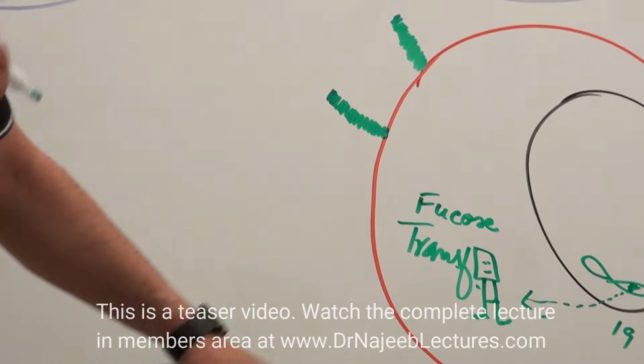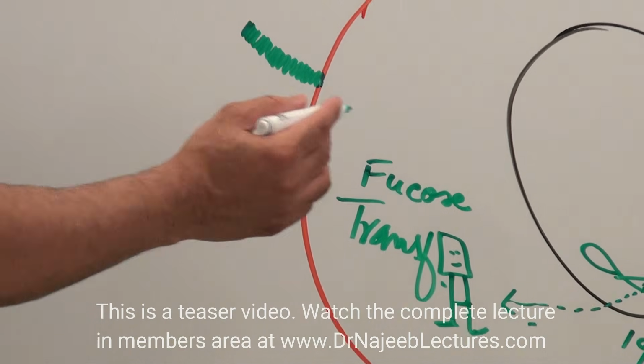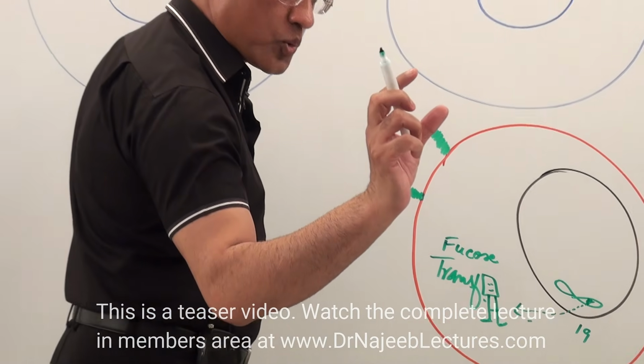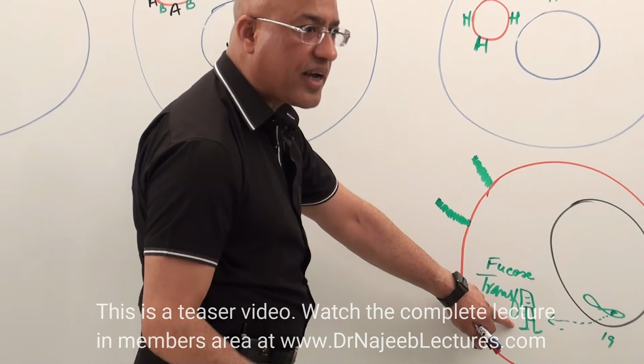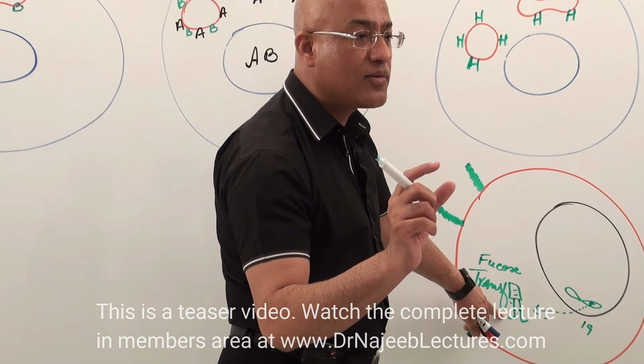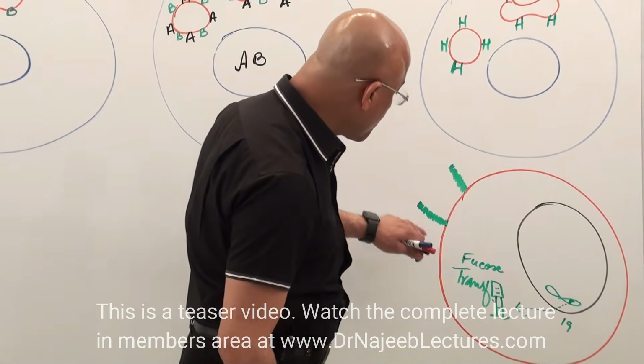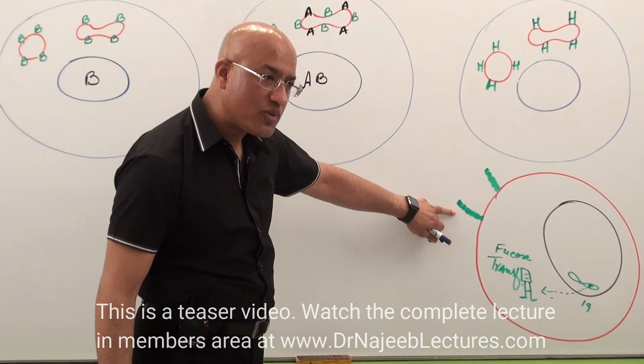What is fucosyltransferase? Fucose is a simple sugar. So this enzyme can take a simple sugar, fucose, and transfer it to this oligosaccharide.